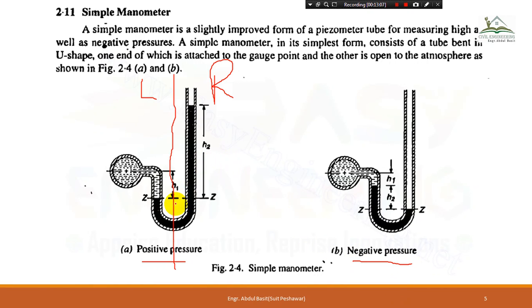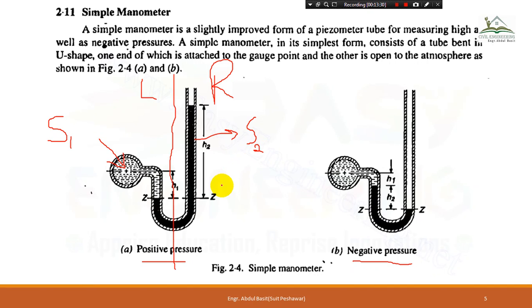Then how we can use this whole thing for pressure determination. First of all, there will be some fluid in this pipe which may have a specific gravity. Let us denote that with S1. This mercury also has a specific gravity, that is S2.